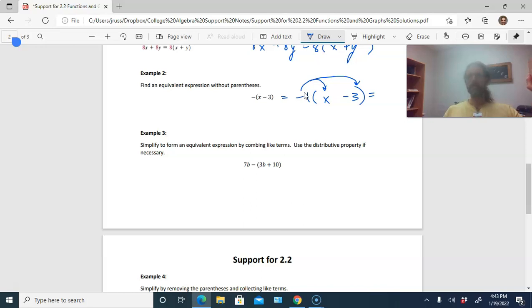So negative 1 times x will become negative x. You could technically put negative 1x if you want, but it's not necessary. And then finally, look at this like it's a negative 3. So when you say negative 1 times negative 3, those two negatives, when multiplied, become a positive. Give us a positive 3. So our new expression is going to be negative x plus 3.